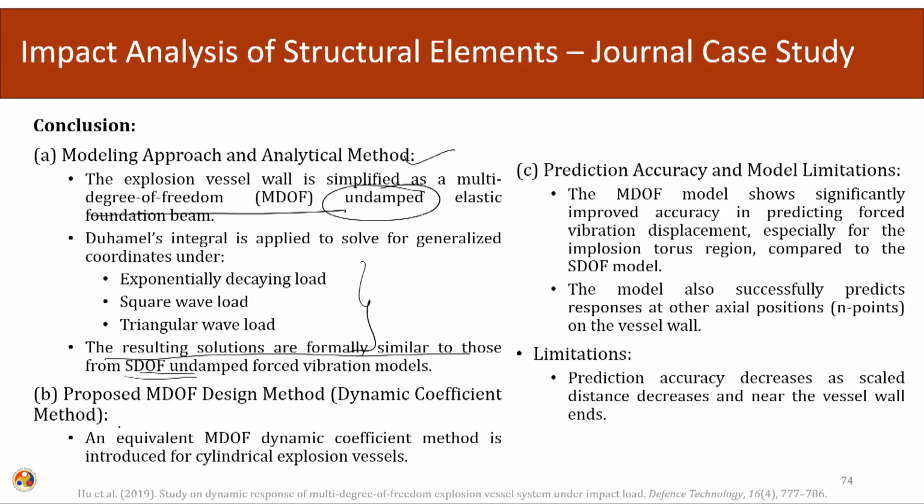We can also use an equivalent MDOF dynamic coefficient method, and predict the accuracy and the limitations of the model. The multiple degree of freedom method is powerful compared to the single degree of freedom system, because we are taking into account the other degrees of freedom also, and this model also successfully predicts the response at other axial positions.